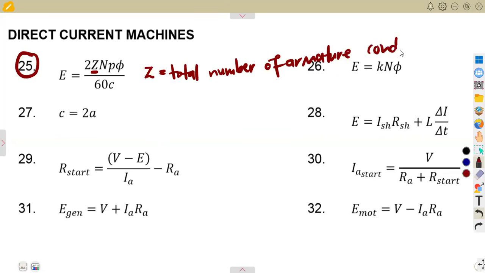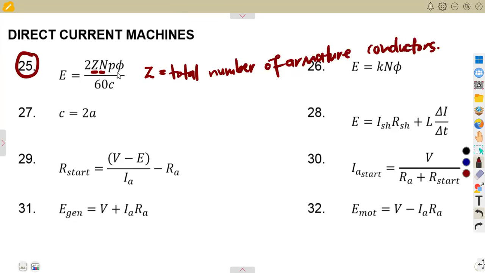You'll be given these number of conductors directly, or sometimes you are given the slots and then a number of conductors per each slot, where you just need to multiply the number of the slots by the number of conductors per each slot that you're given.